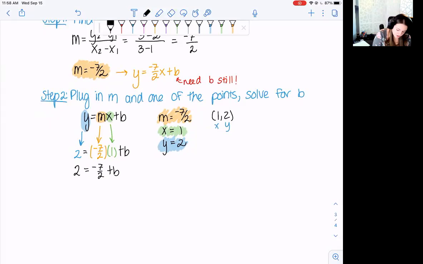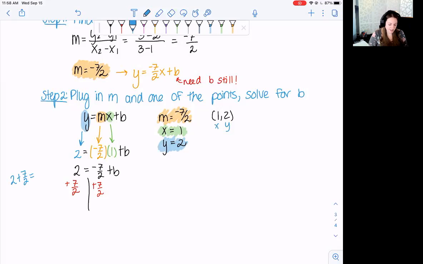This would be a great opportunity for using your calculator. So you want to get b by itself, so you're adding 7/2 to both sides. Right? So on your calculator, you can do 2 plus 7/2, or if you looked at how to add fractions by hand, if you looked at those videos and took time to study that, this one's going to be 11/2.